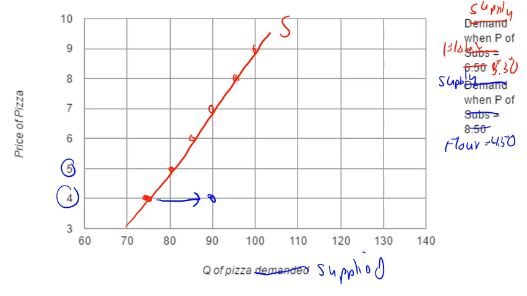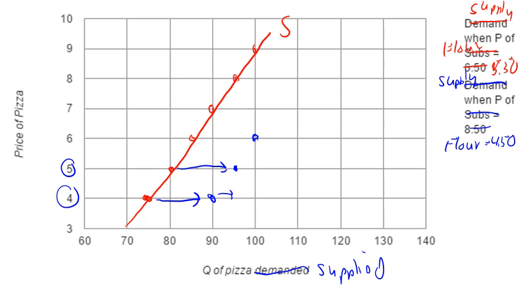When the price is 5, the new quantity supplied is 95. Again, it's 5 higher than the quantity when the price of pizza is 4. It's also 15 higher when the price of pizza is constant and the price of flour goes down by 1.